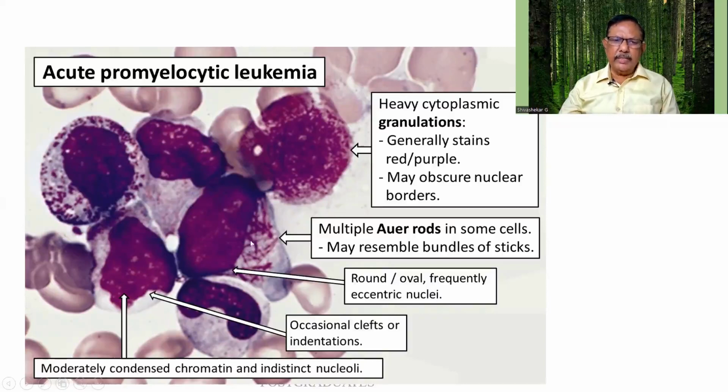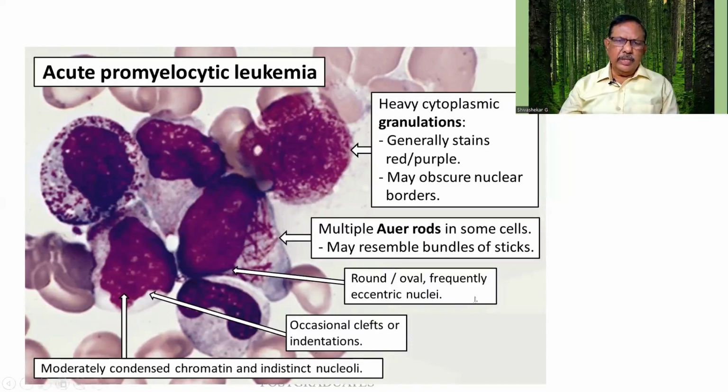And in the cytoplasm, I am finding multiple rod-like structures. We may call them a bundle or a stack of it or faggots. That is the name that we give to it. So here again, I am able to make out some nucleoli, granules are present. The only cell that has got both the nucleolus as well as the granule is the promyelocyte.